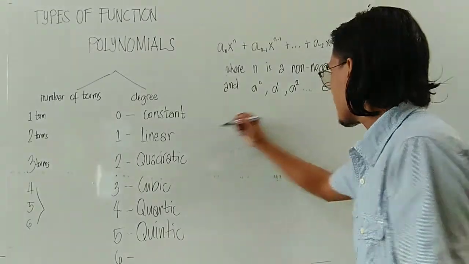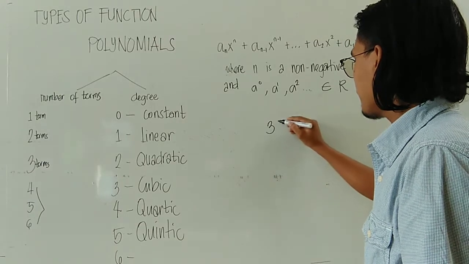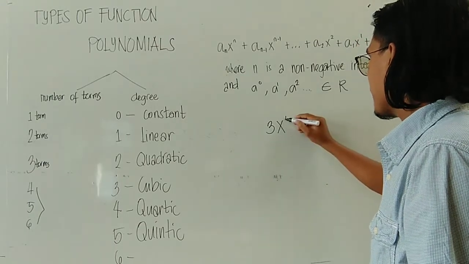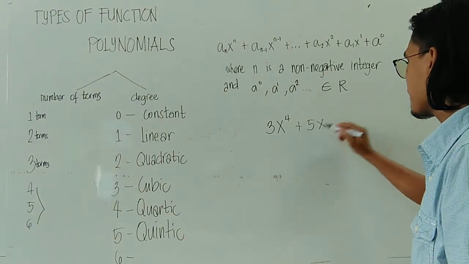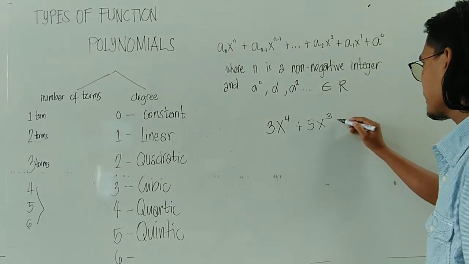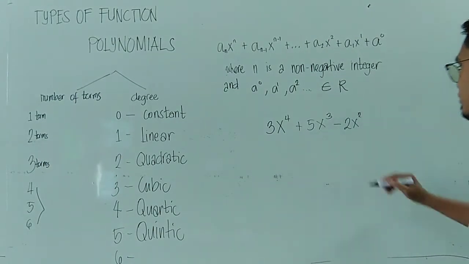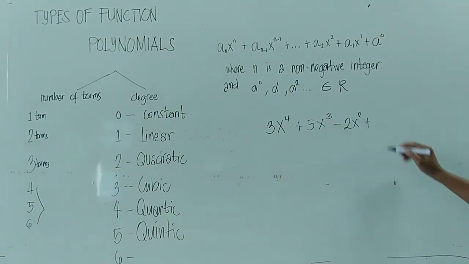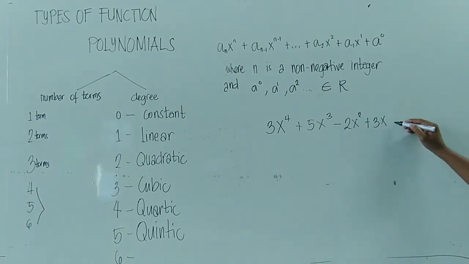Let's have an example just like this one. We have 3x raised to 4 plus 5x raised to 3 minus 2x raised to 2 plus 3x, for example, minus 10.